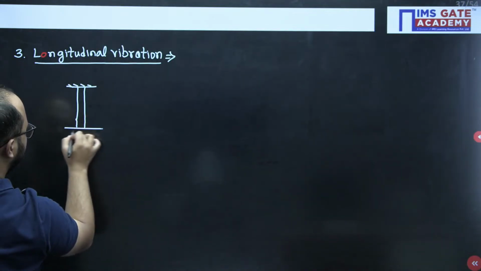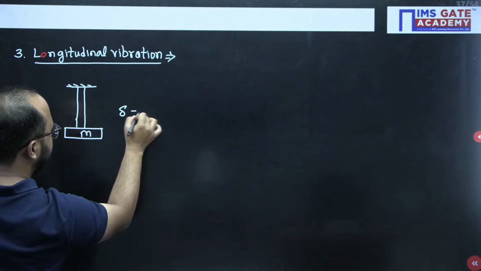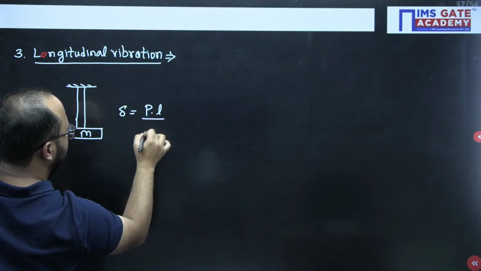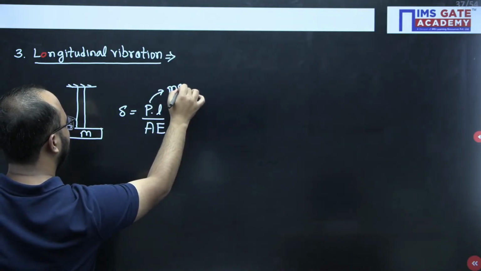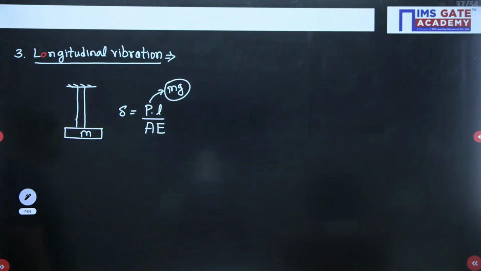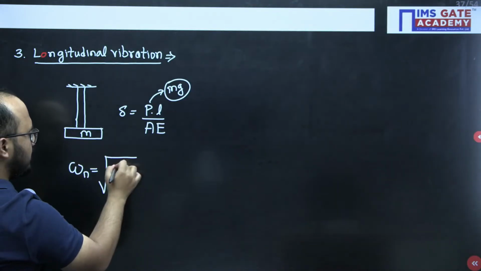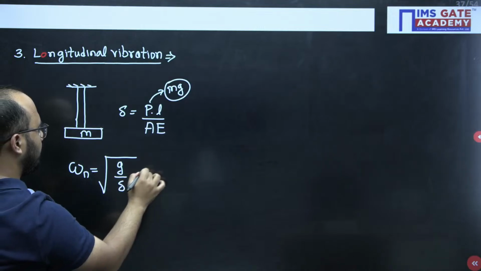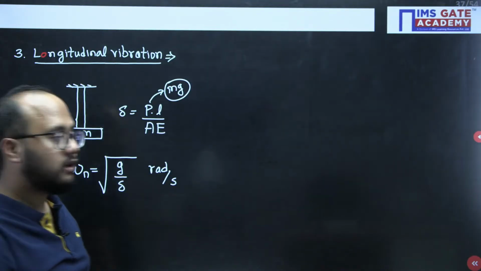This is some rod, some element, and some mass has been kept. For this case, static deflection will be P into L divided by AE, where P is basically this load. So how do we get the natural frequency for this kind of vibration? Simply root of g by delta. You will get the answer. So this was longitudinal vibration.